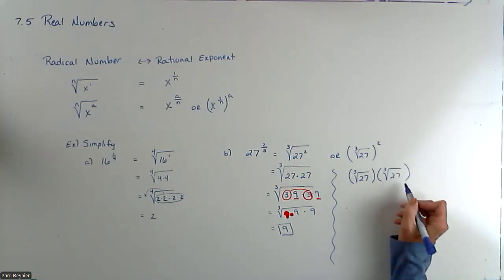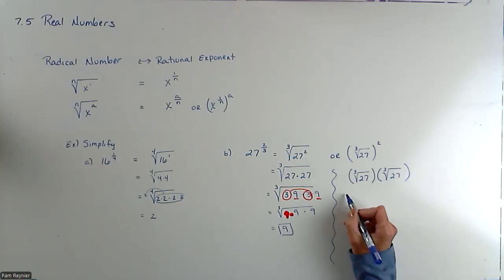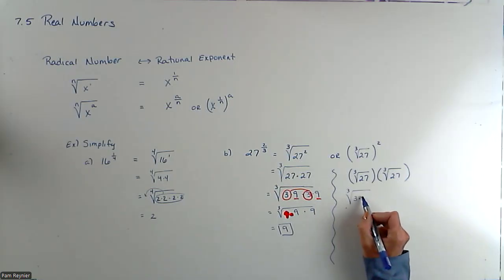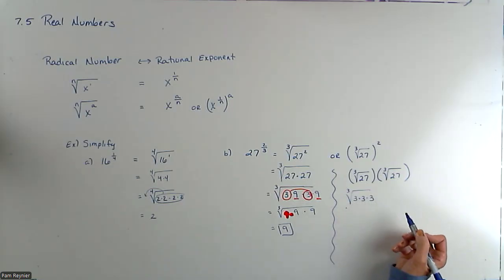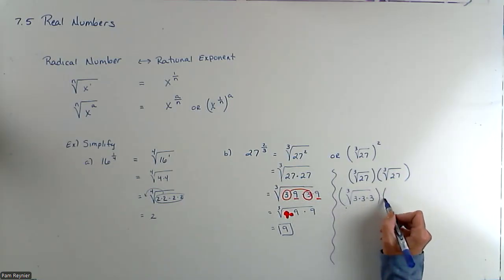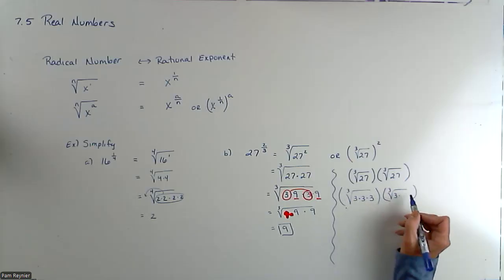So the cubed root of 27 is 3 times 9, which is 3 times 3.